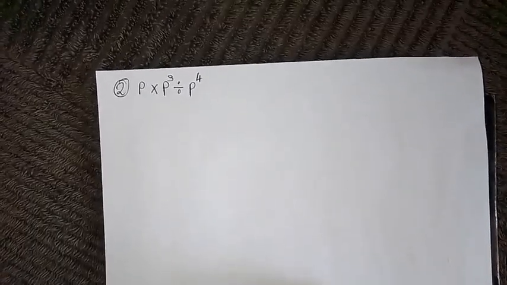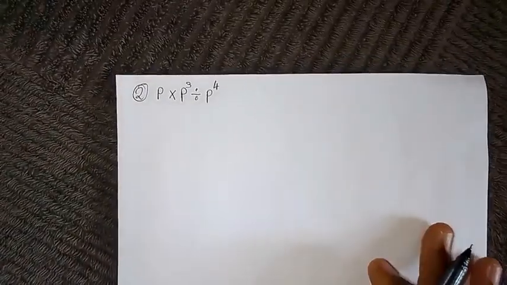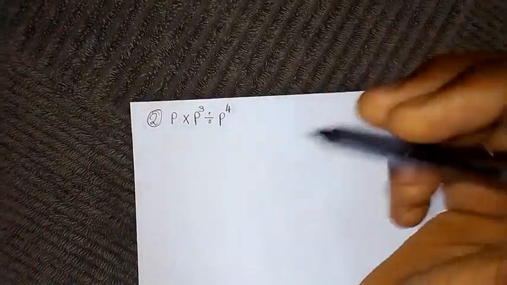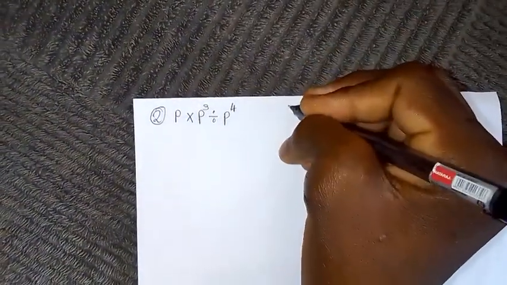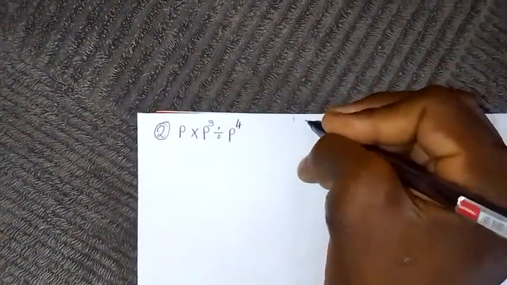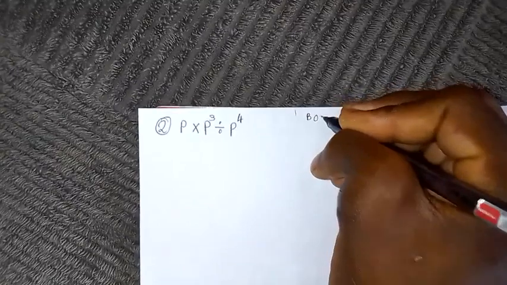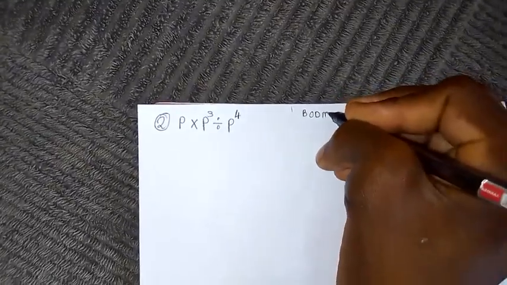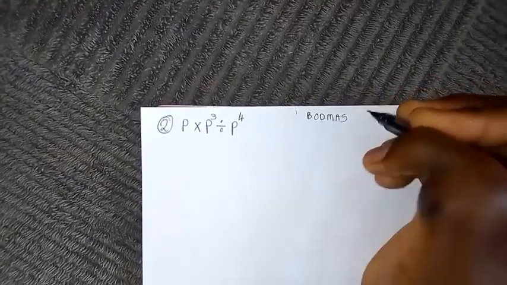Here is example 2. We have to simplify p multiplied by p cubed divided by p power 4. For this one we're going to follow the law of BODMAS, which is brackets, order, division, multiplication, addition, and subtraction.